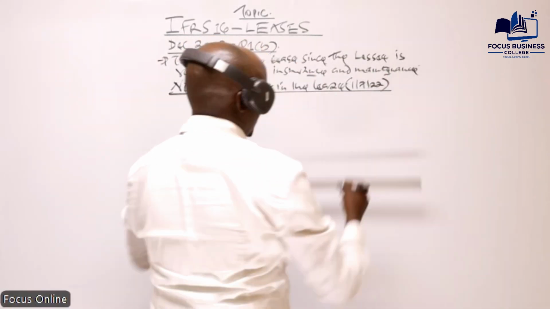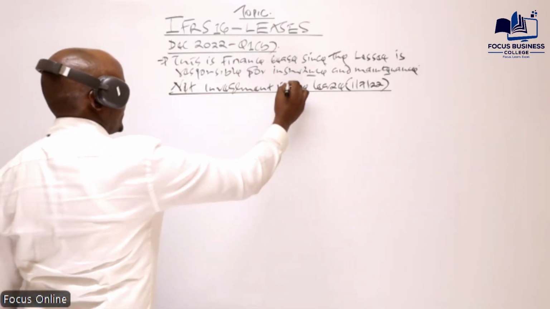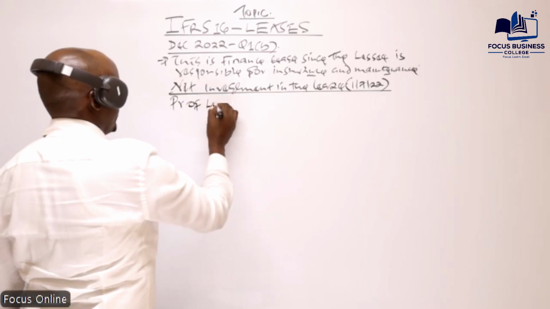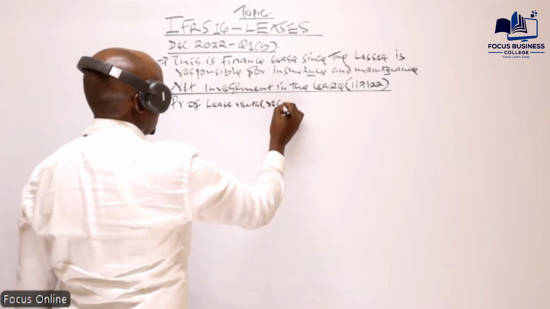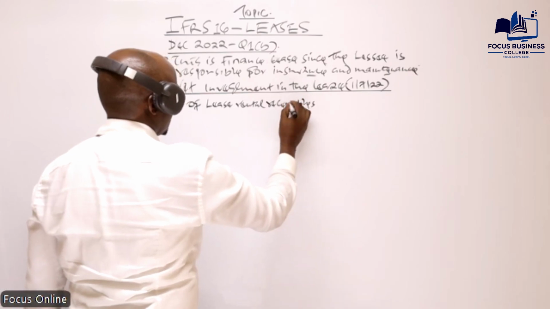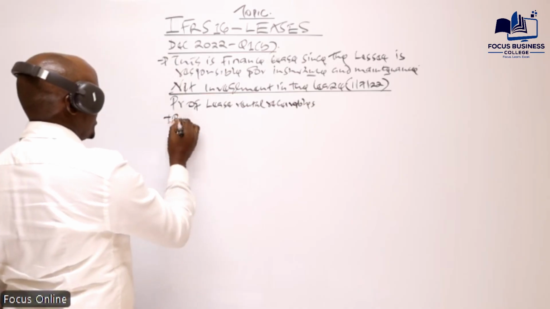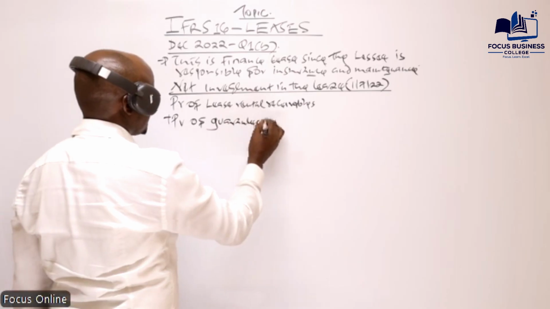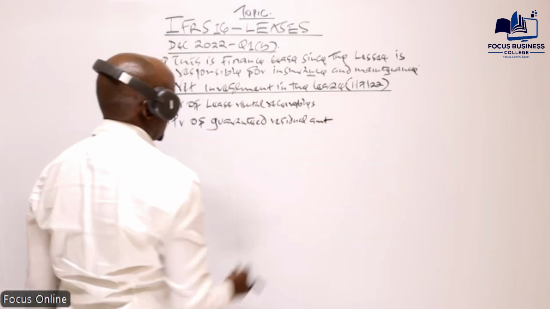So how do we compute this one? I've said basically we add the three values. Remember that format which I've given you. So we add the present value of the lease rentals receivable. To this we add the present value of the guaranteed residue amount.